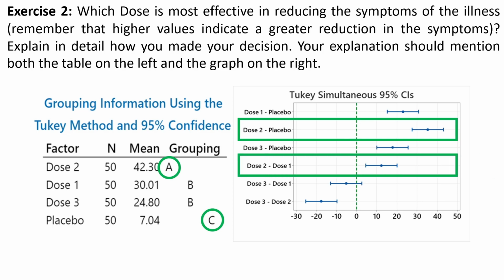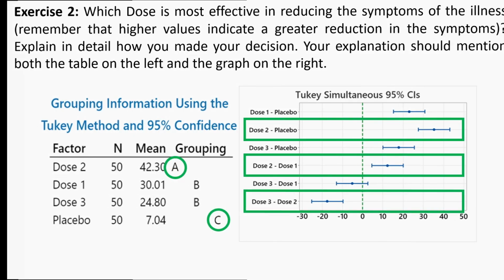Likewise, dose 2 compared to dose 1, we're inferring the population mean response for dose 2 is greater than the population mean response for dose 1. Comparing dose 3 and 2, you can see dose 3 is now the first one. This interval is negative, indicating that the population mean response for dose 3 is less than the population mean response for dose 2. So taking these together, we can infer that the dosage that is most effective, that gives us the biggest response, here bigger is better, is dose 2.